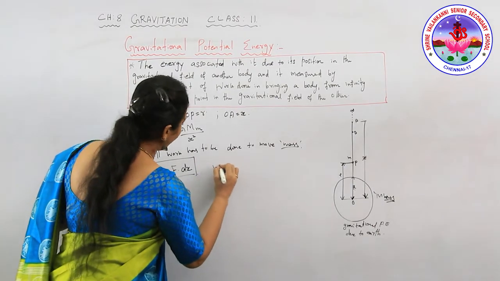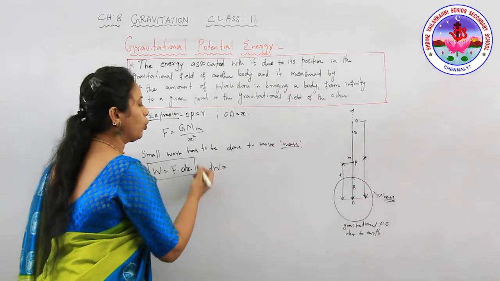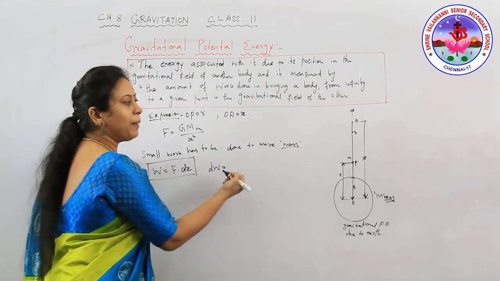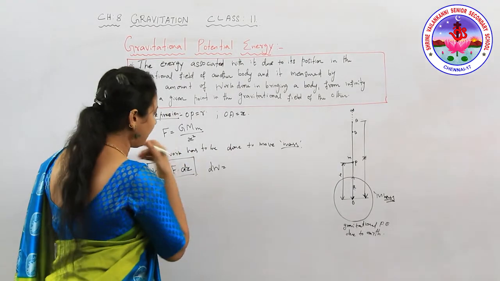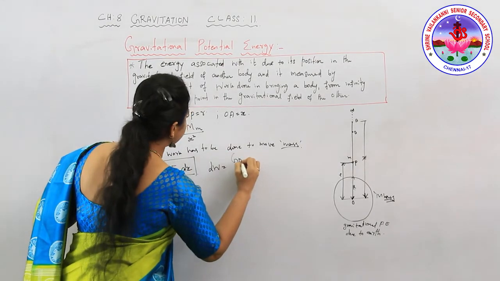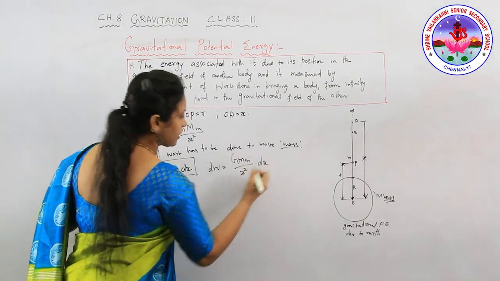So W, here we can only know through differentiation. The small work done, if we know, by integrating we can get the total work done for the particular force. So dW is equal to F, whose value is what? GMm by x square into dx.